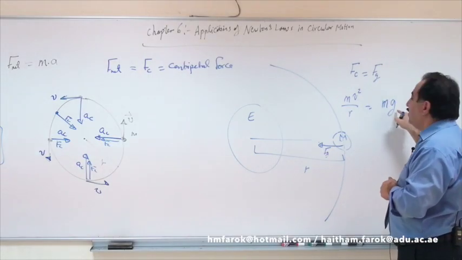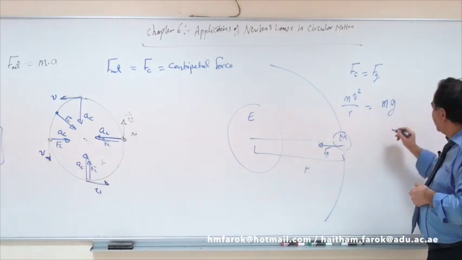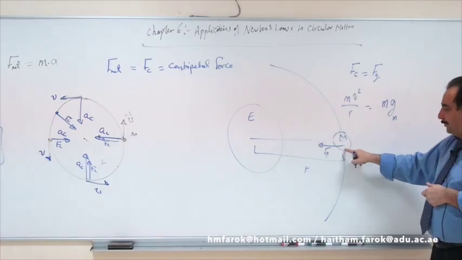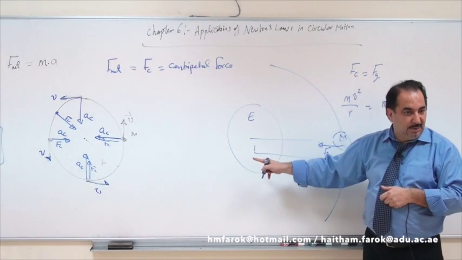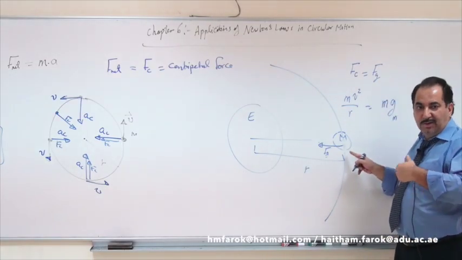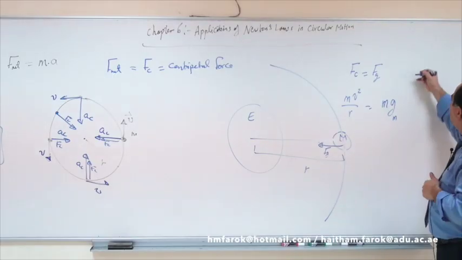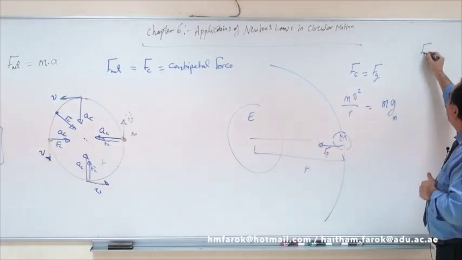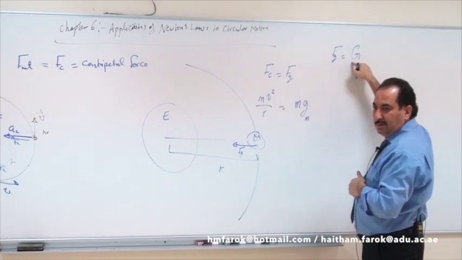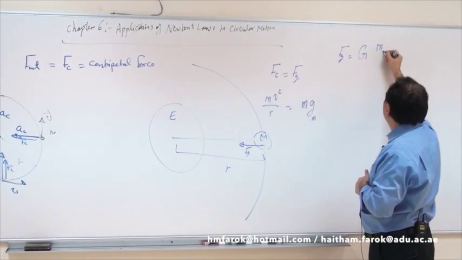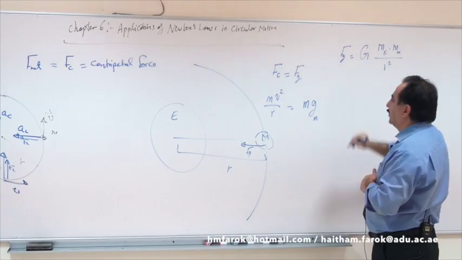But which g? Not 9.8. g at this position. So g of the moon, here. And remember, g changes, yes? It gets smaller and smaller the farther you are from the center of Earth. This is one way. Or think of the force of gravity from school. What do you have? You have a general constant, mass of the Earth, mass of the moon, over r square.